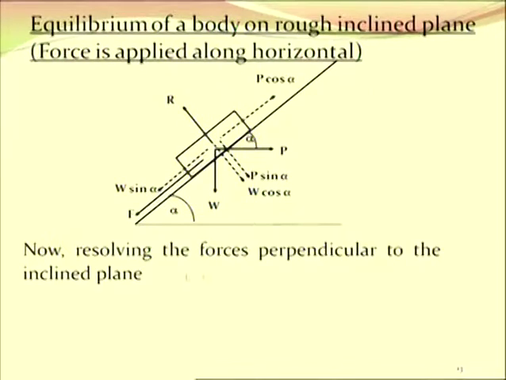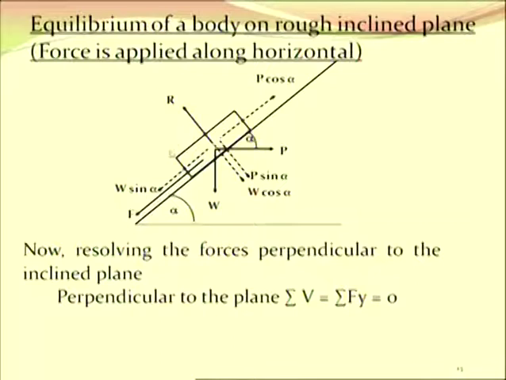Now resolving the forces perpendicular to the inclined plane, it is like the earlier case. R is the normal reaction, which is acting perpendicular to the plane. W cos alpha is downwards, the negative direction of Y. P sin alpha is also downwards, the negative direction of Y. So R is taken as plus, and P sin alpha and W cos alpha are both taken as minus.